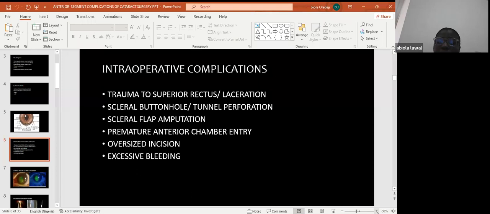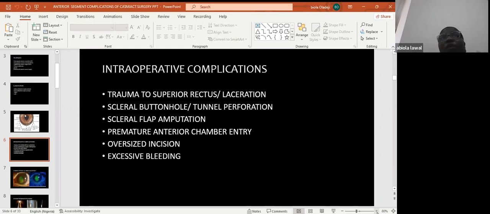And next is oversized incision. It is better to have a moderate incision into the anterior chamber prior to your capsulotomy. This is because you need the AC to be well formed while you are performing, especially a CCC, that's the continuous curvilinear capsulorhexis.